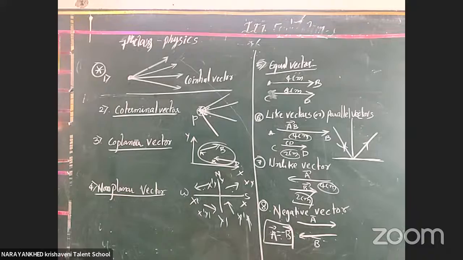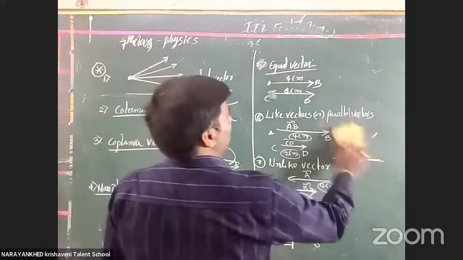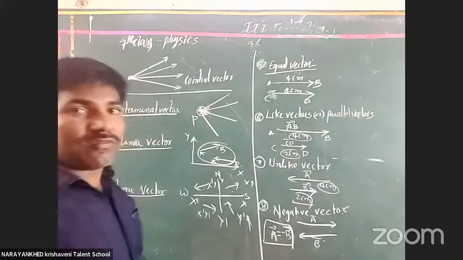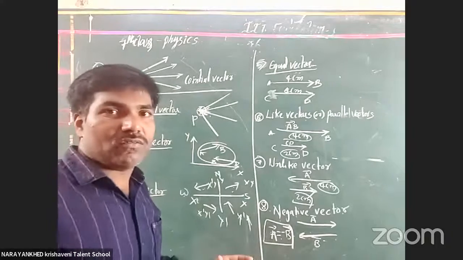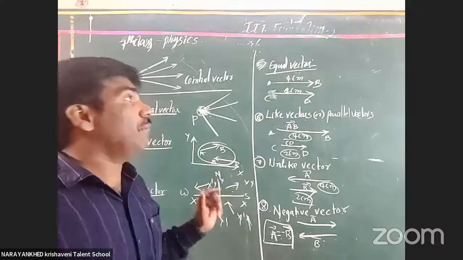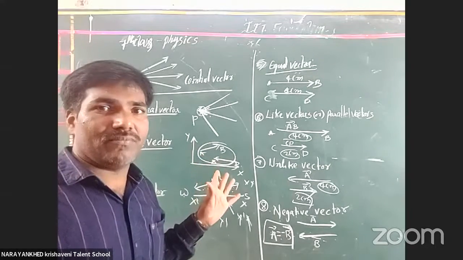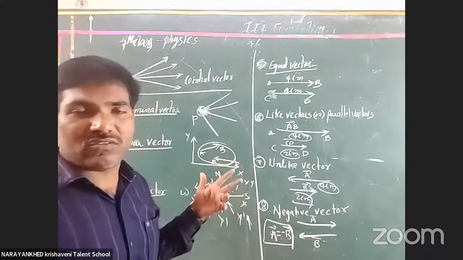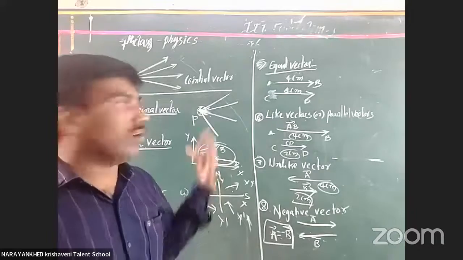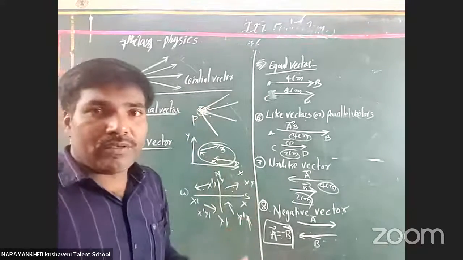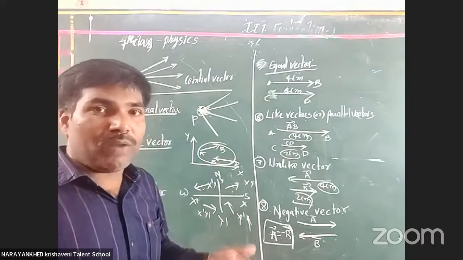Now, next one, equal vectors. Which are called equal vectors? Those which contain the same magnitude and the same direction, but they do not start from the same point only. They may not be in one plane also.